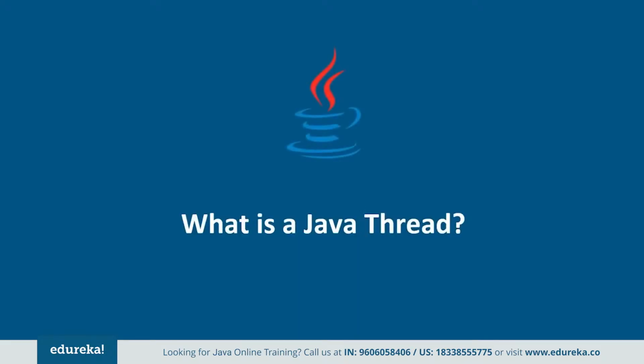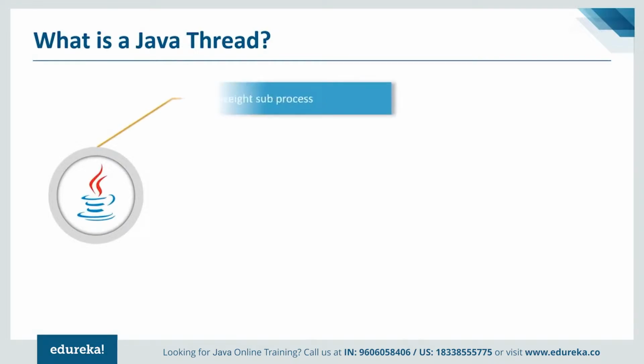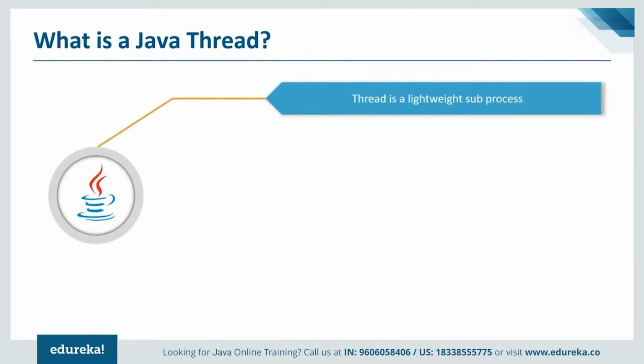So to begin with, what is a Java thread? Guys, a Java thread is a lightweight sub-process. In an application, we have one main thread. When our application is running, the operating system is going to create one process. In the same way, the Java virtual machine will take care of your Java applications.